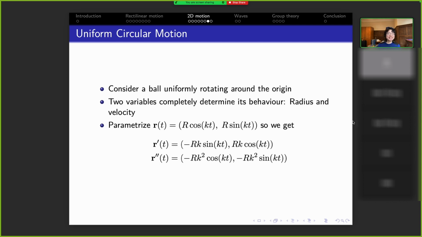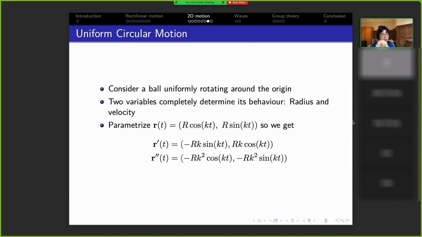So the idea is that we want to just describe how this thing moves, and then we're going to talk about the force and the acceleration and the velocity later. To describe how it moves, there are really only two things going on with uniform circular motion. There's how big the radius is, and there's how fast it is moving, which you can think of as the angular velocity.